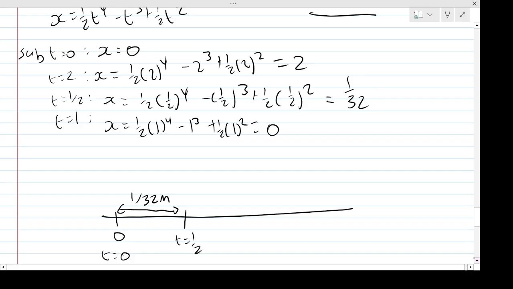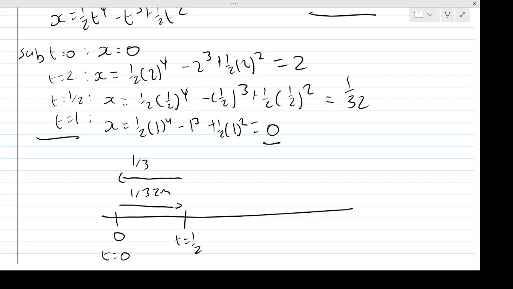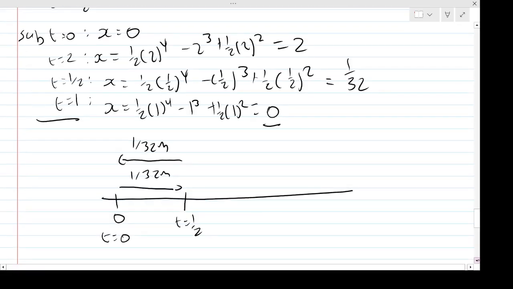Then, after t is a half, the next key point is when t is 1. That's the next time, which is 0. So actually what happens is, it goes back to 0. So it moves forward by 1 over 32 meters to this point, t is a half. Then after t is a half, it moves back another 1 over 32 meters backwards, and it returns to O, because it's back to 0 meters.